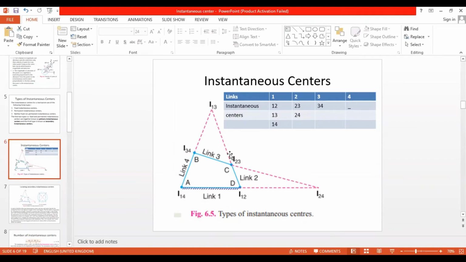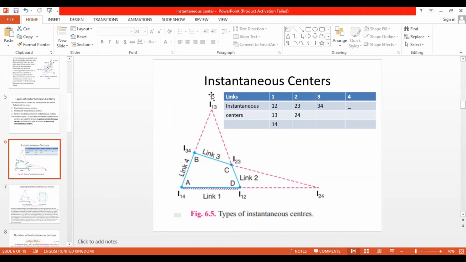Then we have two more, I23 and I34. These two are known as permanent instantaneous centers. Combined, I12, I23, I34, and I14, these four are called primary instantaneous centers.